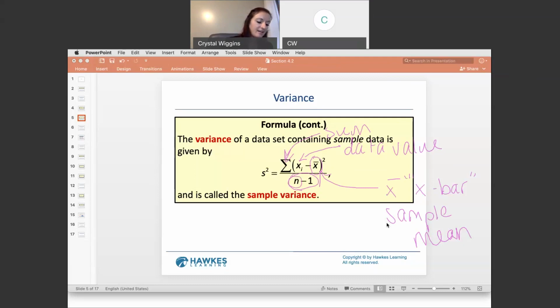Little n here, recall, is the sample size, how many data values in the sample you took from the population. And s, really easy to remember: sample variance is s squared. S for sample kind of works out. Okay, so s squared is sample variance. Again, if you're like, I don't know what a variance is, that's okay, because we haven't really covered what it is yet, nor do we really care as much as we care about the standard deviation.